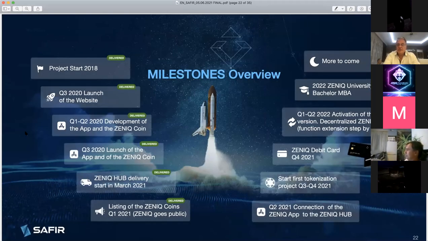What I do like in this concept is that they started the whole project in 2018. Everything that they said they will deliver, and when they wanted to deliver it, they have really succeeded to do that. They created the website, the minting hubs, the applications, the blockchain, the coin. They have even launched the coin on the open market.